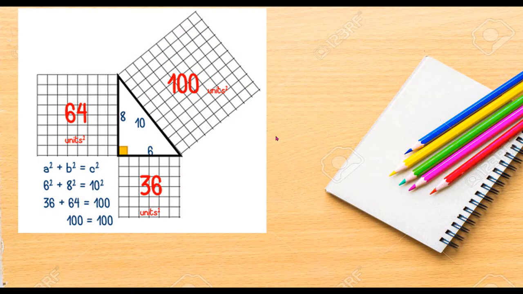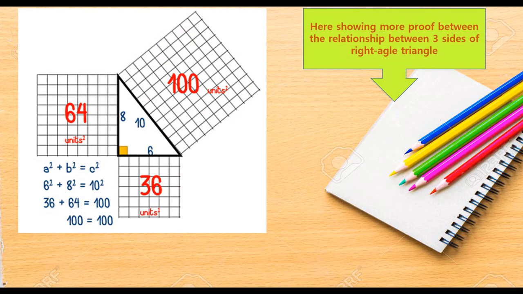This is more proof showing the relationship between the three sides of the right angle triangle. You can see here, three different papers are used to build up a right angle triangle. And when I calculate the area of this square, I find the same result, which means this is the largest area and it is the sum of the other two squares.